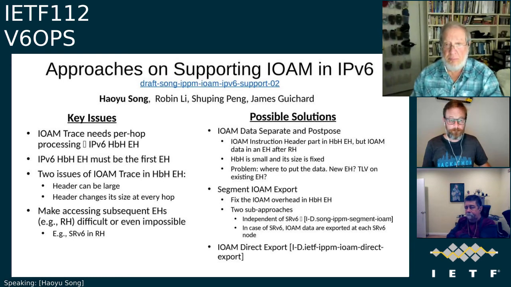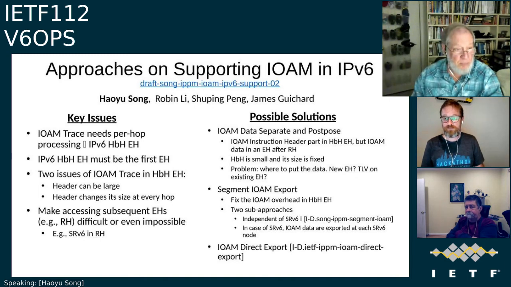So there are some possible solutions to this. The first one is, for IOAM, we can basically separate the instruction part and the data part. Since the instruction part is a fixed size, we can still put it in the HBH extension header, and we postpone the data part to some later extension header after the routing header.